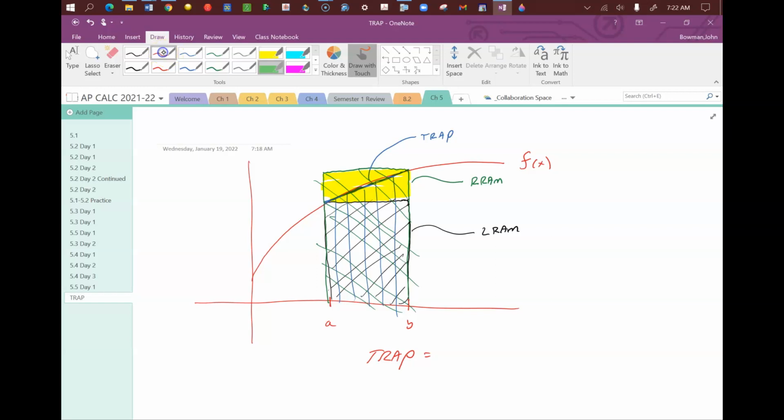So what do we get using the trapezoid method? We get the average of LRAM and RRAM. So RRAM plus LRAM divided by 2, or the average of RRAM and LRAM.